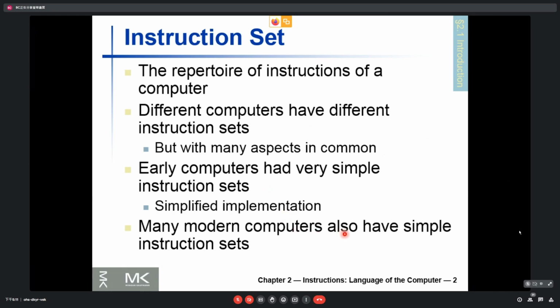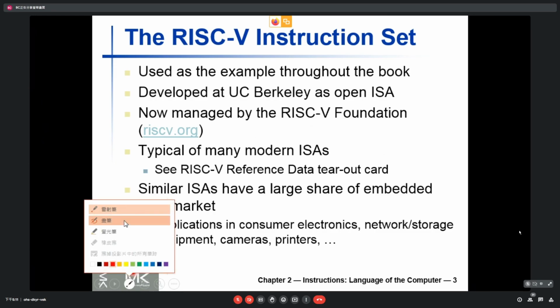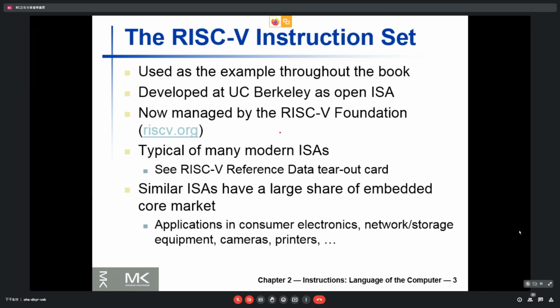Modern computers also have a simple instruction set, 就是很早以前的电脑的指令集很简单，就加、减、除啊，那现在的电脑指令集也是很简单的，所以我们叫它 RISC, 叫做 Reduced Instruction Set Computer. 这个超难写的。Reduced instruction set computer.